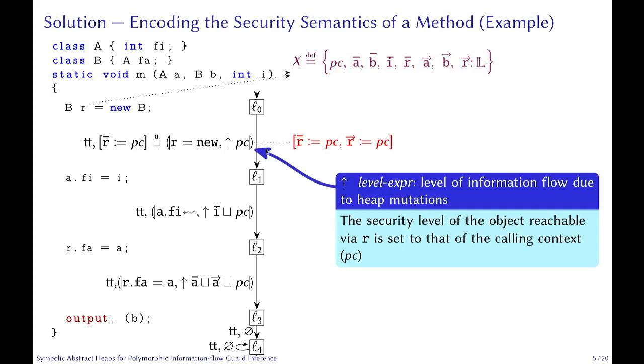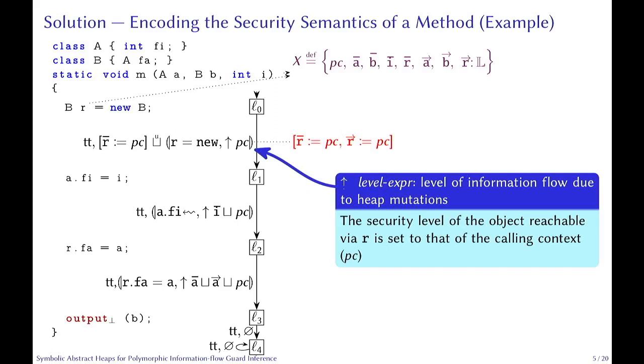To explain this example a bit more, we can replace each of these notations dedicated to the heap with actual variable assignments. Let's say R, we encode it with a variable which holds the security level. This assignment gives us this actual assignment. And the notation that I forgot to mention is a way to express the level of the information flow that goes to the heap when we perform mutations.